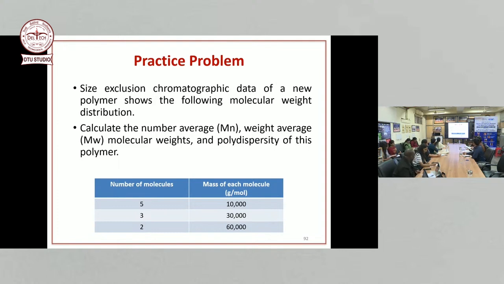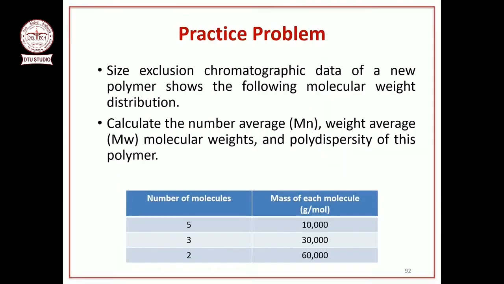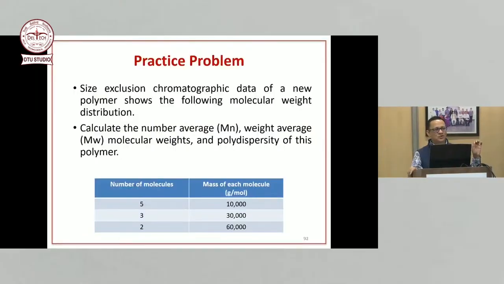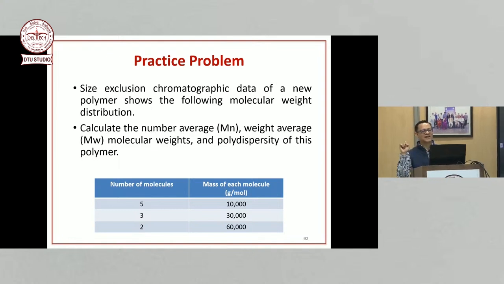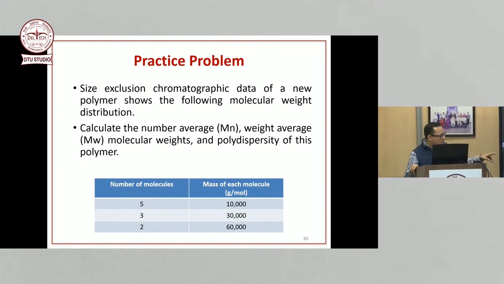One thing we know, weight average molecular weight cannot be lower than 26,000. If anybody got lower than 26,000, that's wrong. That's one surety. To calculate weight average molecular weight, we already have NiMi. You will draw another column, NiMi, and then Wi is NiMi divided by summation of NiMi. Summation of NiMi was 260,000.